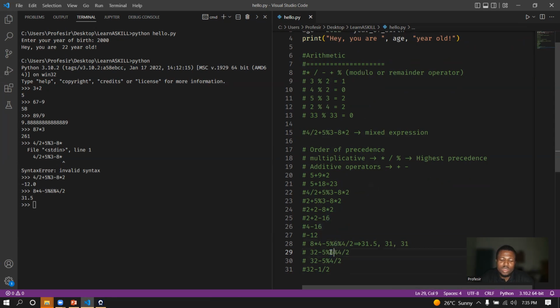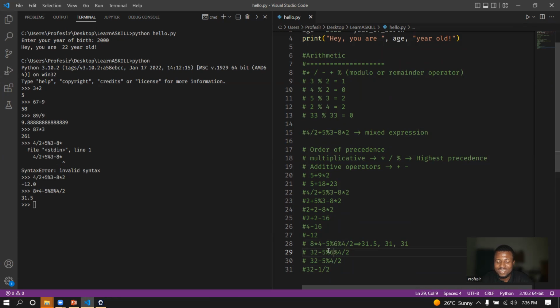Can I completely divide 5 by 6? No. So 6 would divide 5 0 times, remainder 5.